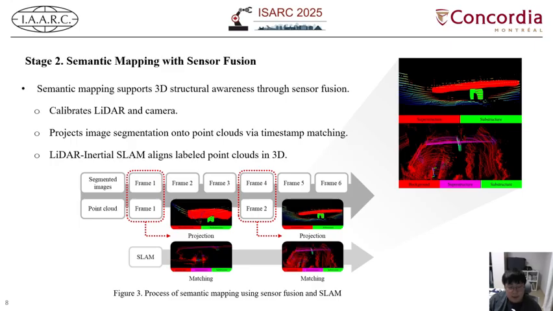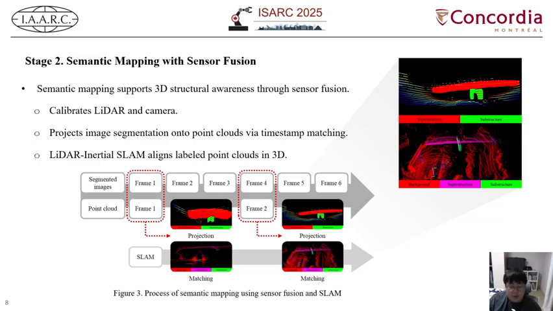Even though the drone can detect bridge components in images, that's not enough. To plan where to fly, the drone needs to know where those components are in 3D space. To do this, we project the 3D LiDAR points onto the 2D images, assign the segmentation result to the projected points.